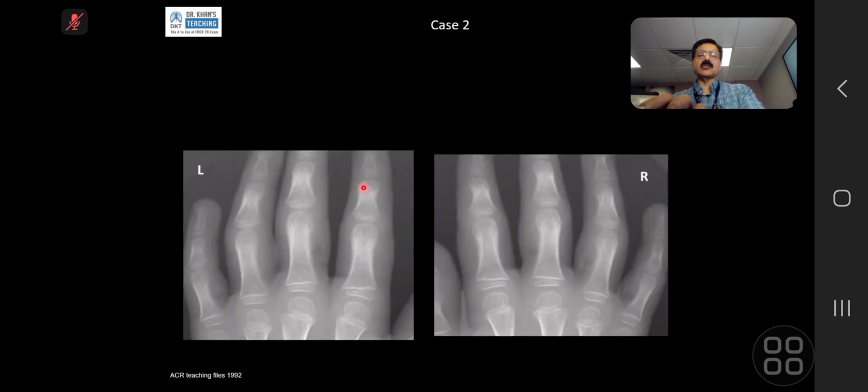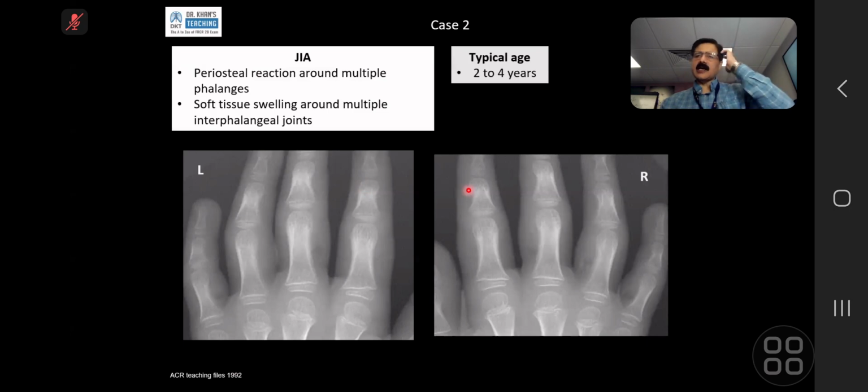So quickly, let's see this. This is the finding in NAI, where you can see this single lamina along the ulna, and classically, of course, there can be other bones also, but in this example, there is ulna. It is not like the periosteal reaction, which was in your case. This is a case of JIA, juvenile idiopathic arthritis.